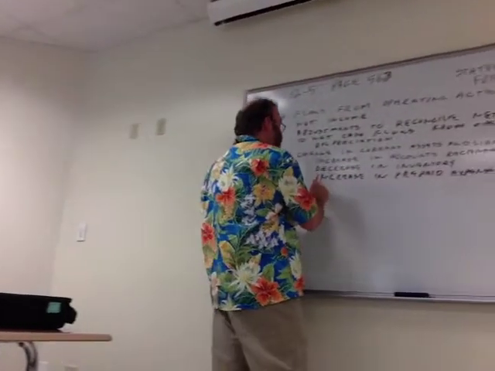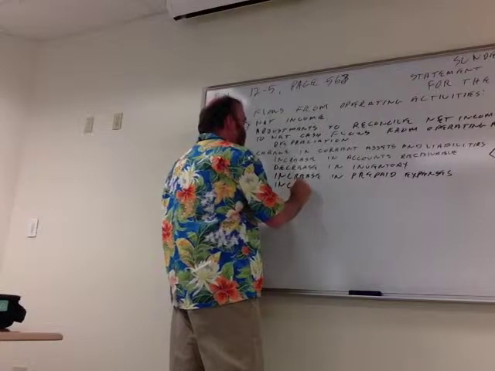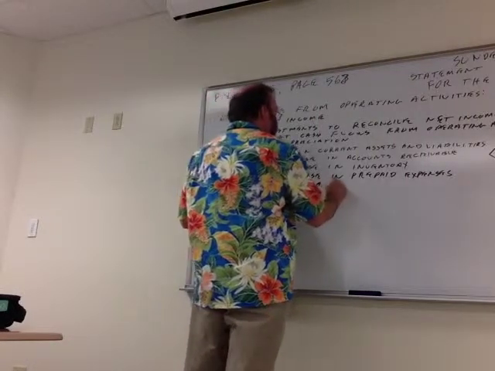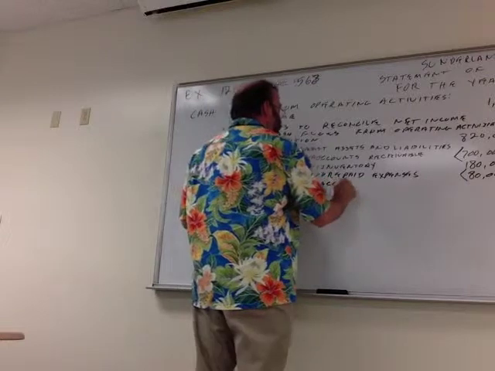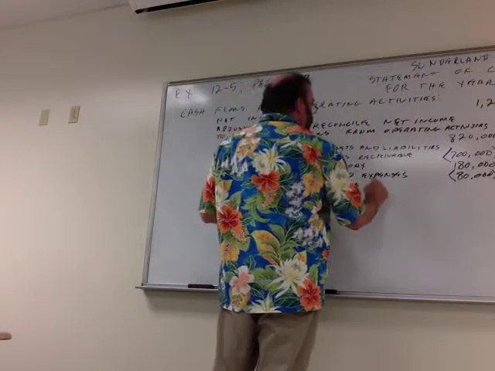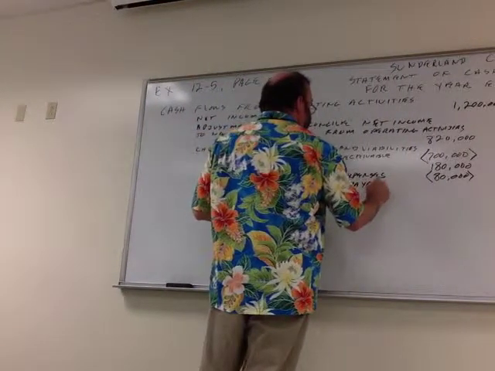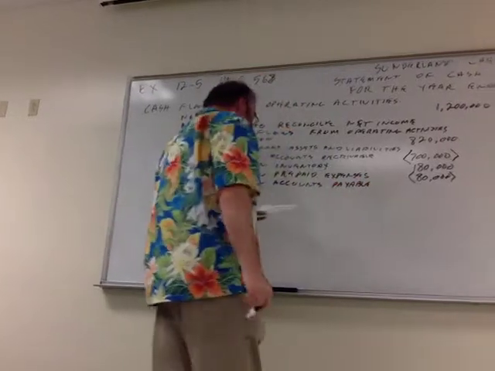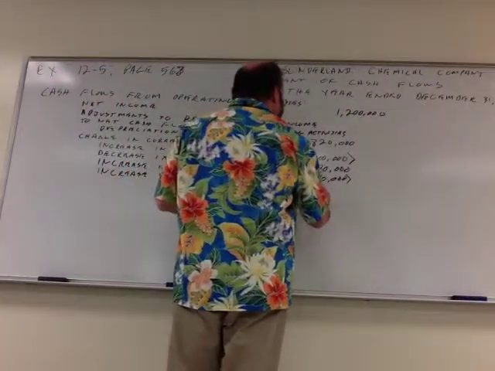This is the next account that was given to us in this summary balance sheet was accounts payable. So that's a current liability. Accounts payable went from $720 up to $960. We have an increase in accounts payable. $240,000.